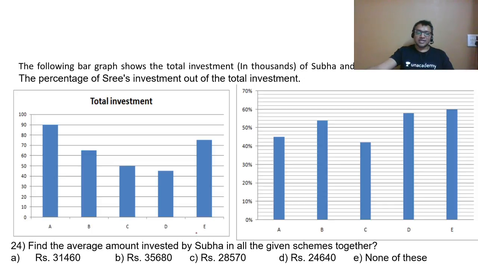Oh, this is a little calculative. But if you look at the numbers a little far, you can maybe approximate. So Shubha is, this is C's investment, 45. So here it will be 55% for Shubha. Here it will be 46% for Shubha. Right. Here it is 58%.